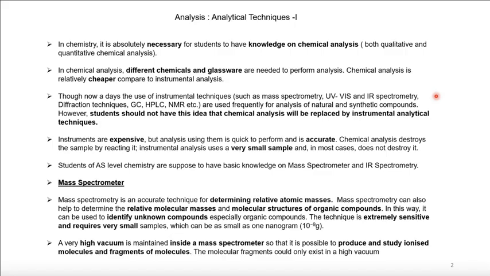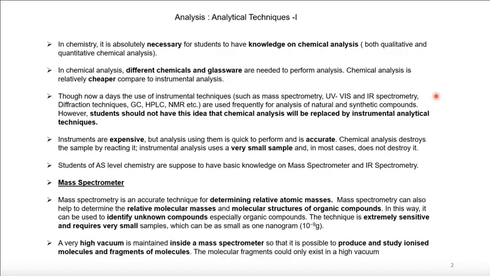So you need some different chemicals and glassware to perform this analysis. Chemical analysis is cheaper compared to instrumental analysis, but it is essential to know the different chemical reactions and about the compositions and structure of different chemical compounds.